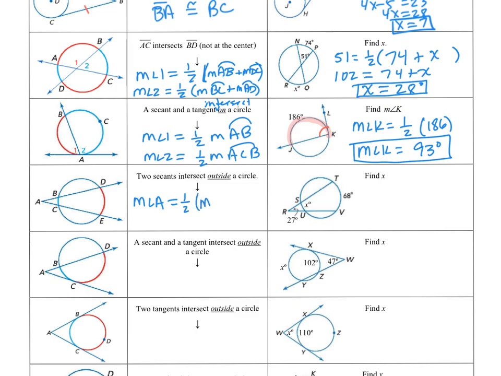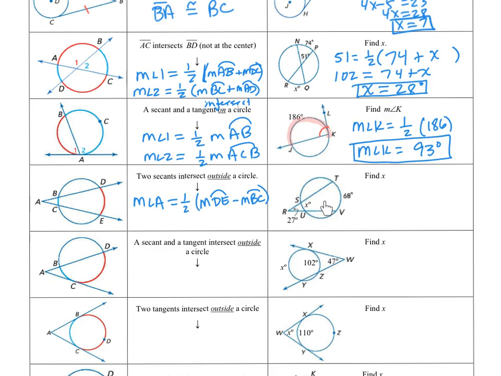So that would be the measure of arc DE minus the measure of arc BC. I hope it's obvious to you that we always want to subtract the smaller arc from the bigger arc. Okay, so to find the measure of this angle formed by 2 secants whose vertex is outside the circle, we'll take 1/2 the difference of the 2 intercepted arcs.